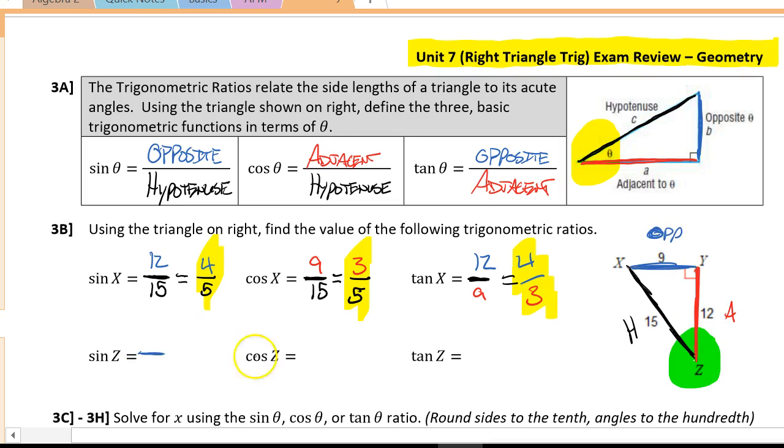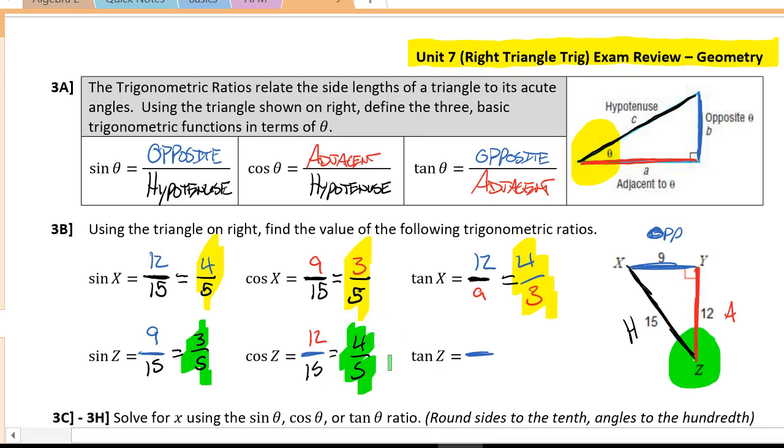So when I want the sine, cosine, and tangent, we're going to take the opposite side of 9 and divide it by the hypotenuse of 15. This reduces down to 3 over 5. Cosine ratio is the adjacent side of 12 to the hypotenuse of 15. 12 over 15. This reduces down to 4 over 5.